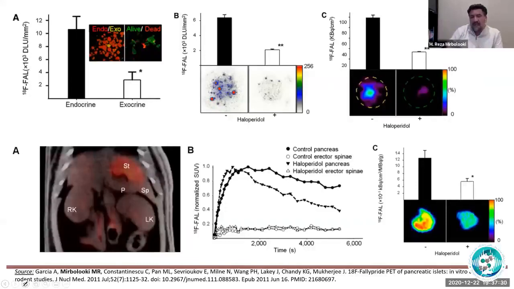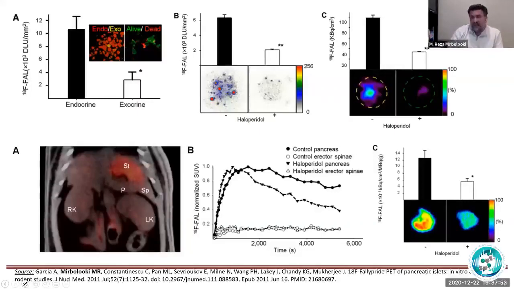We can use it as screening imaging for someone who is losing pancreatic beta cells over time, if they have risk factors. They are not diabetic yet, but the number of pancreatic beta cells is going down over years, because it's a chronic process, and we might be able to prevent it.